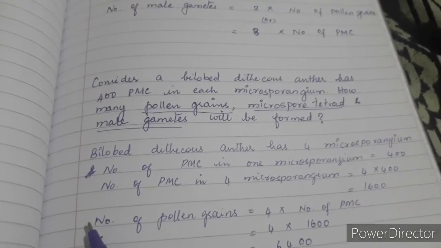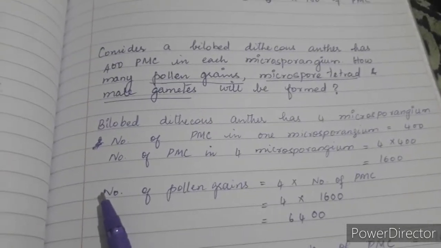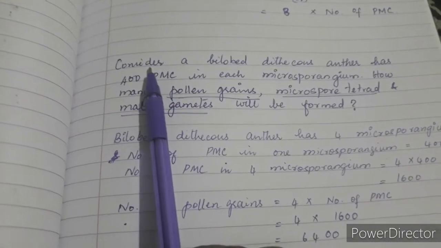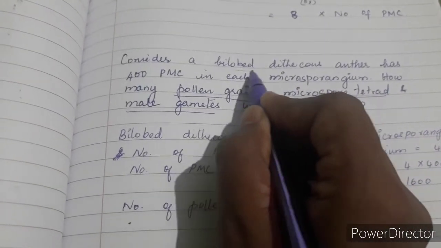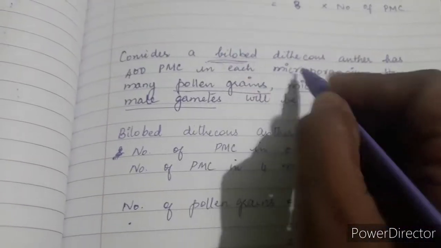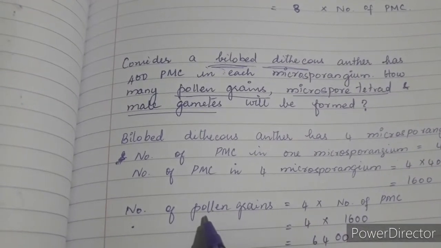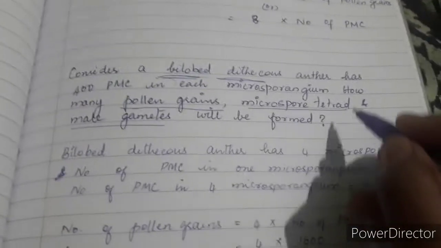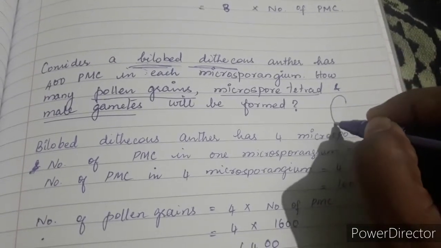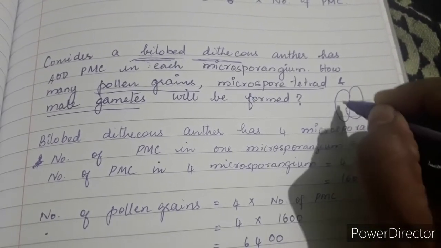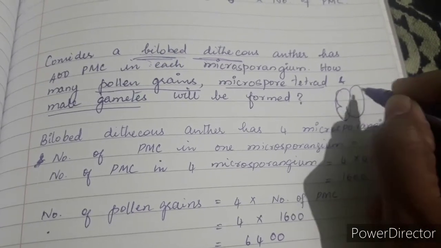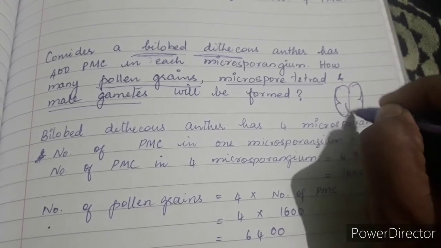Okay, so now look at the question very carefully. It is given as a bilobed, that's very important, dithecous anther. What is meant by a bilobed dithecous anther? Two lobes are there and each lobe has two theca, that is what is meant by dithecous.